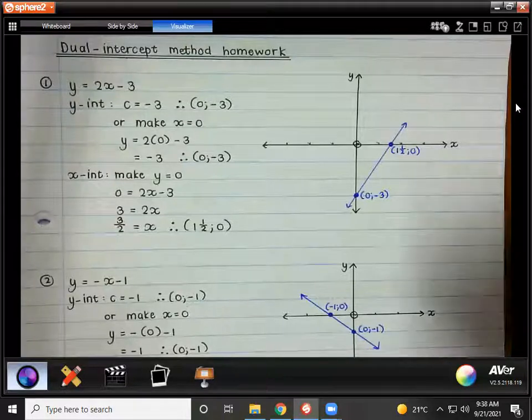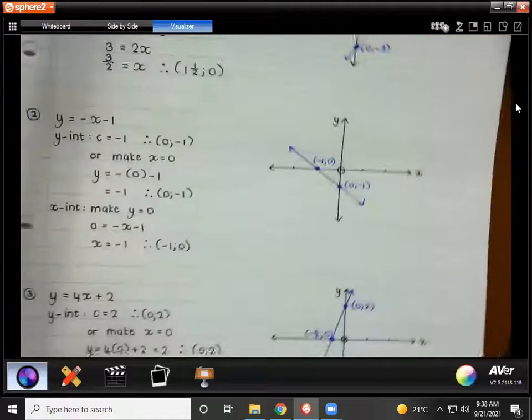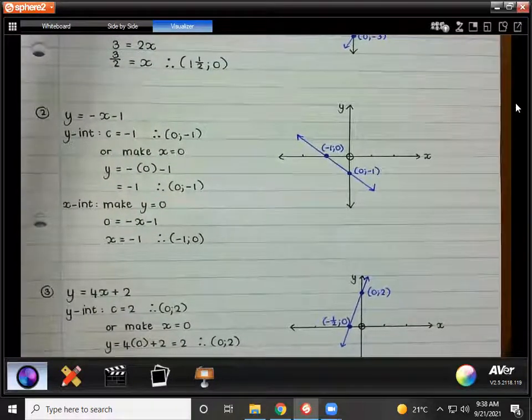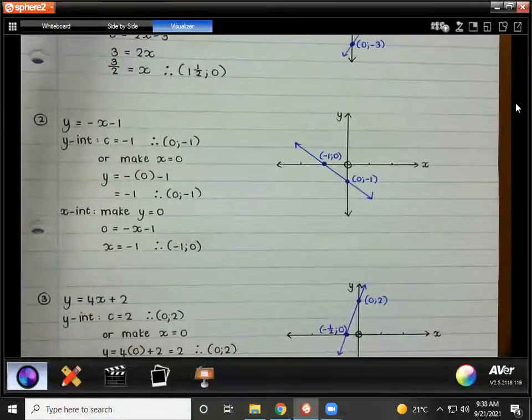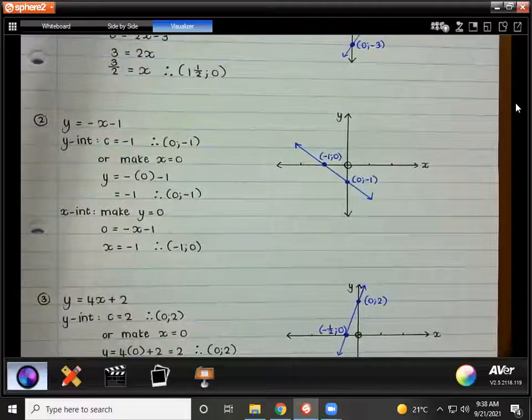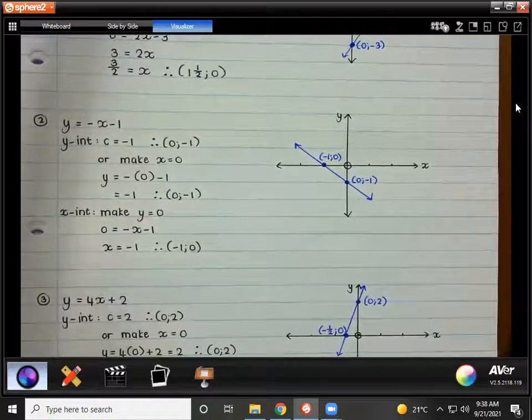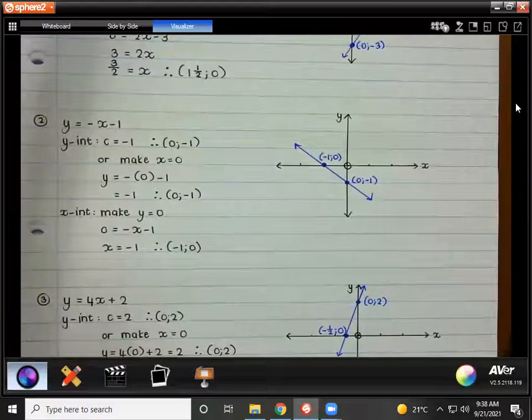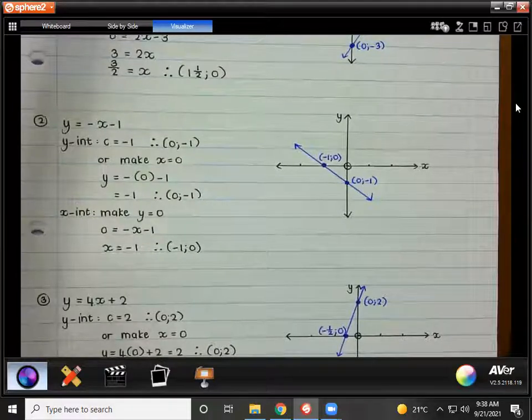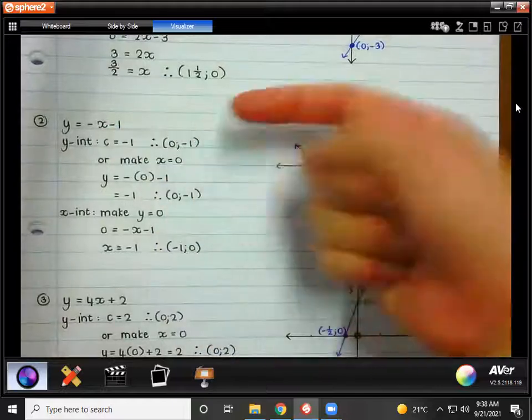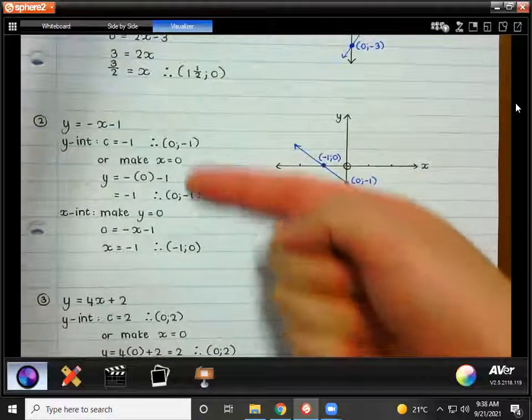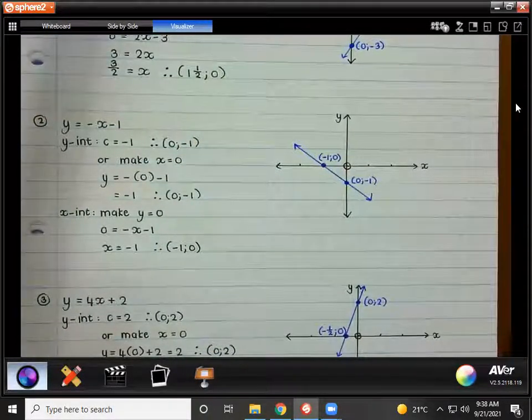Okay, number 2. Number 2 is a bit easier because solving for x wasn't as complicated. For your y-intercept, remember guys, there are 2 methods. You could either just look at the constant term, which is -1, and that is your y-intercept, or you can make x equal to 0. I wrote here 2 methods of finding the y-intercept, but you don't have to write down both like I did.